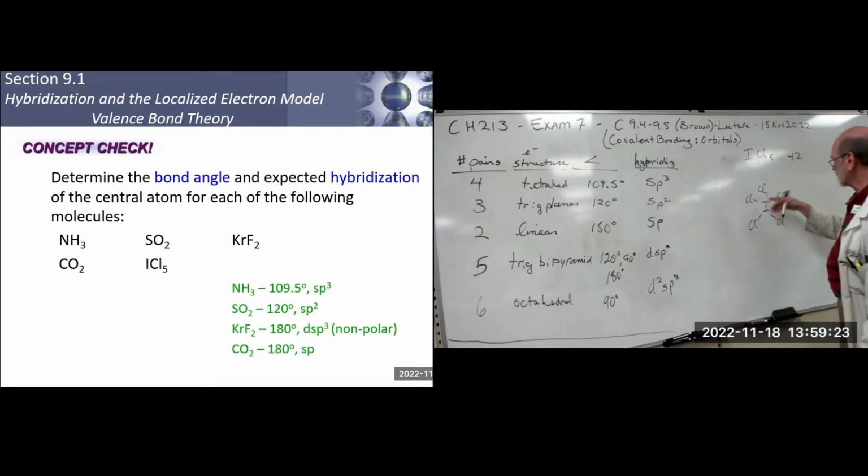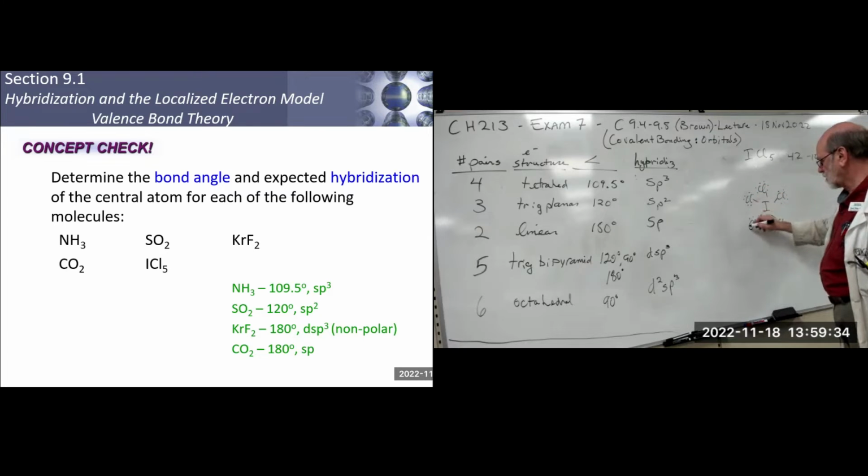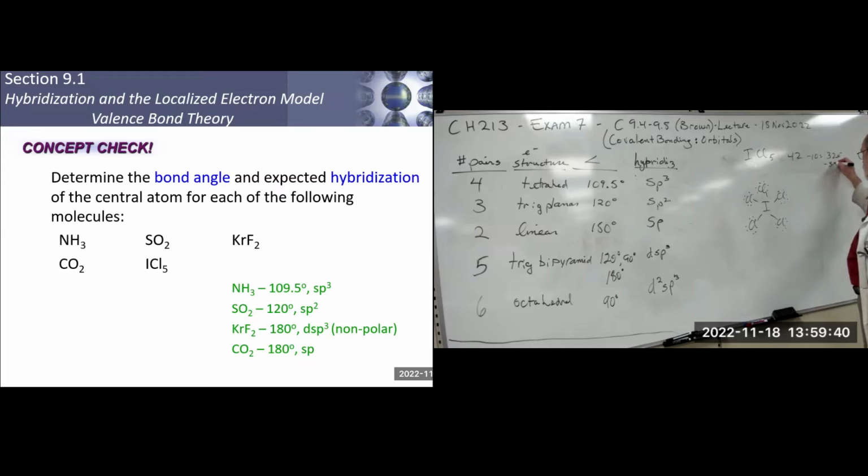Right? 2, 4, 6, 8, 10 equals 32 electrons. And if we put 6 around each one of these chlorines, right? 5 times 6 is 30, means 2 electrons left over.